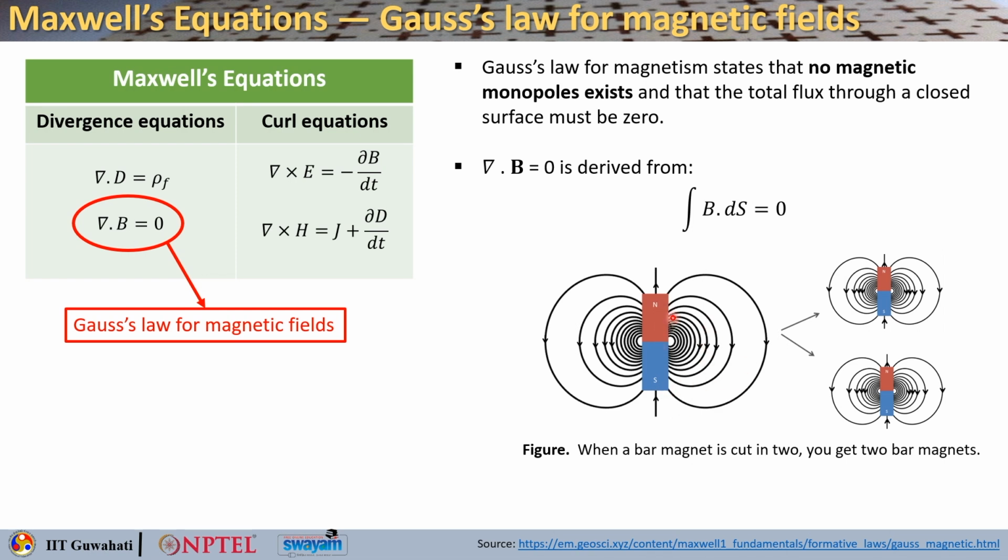So if you think of enclosing this magnet in a closed surface, the number of magnetic field lines exiting that surface from the north pole end will be equal to the number of field lines entering the surface because of the south pole. So the net flux will be 0.